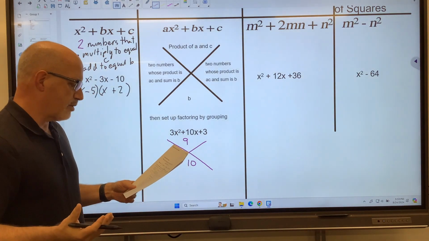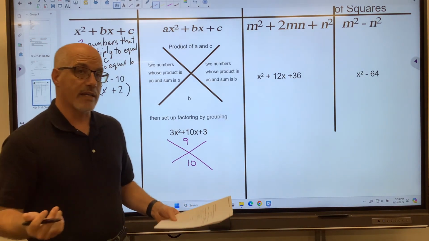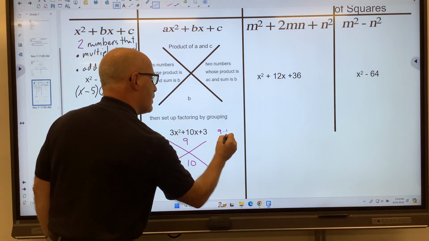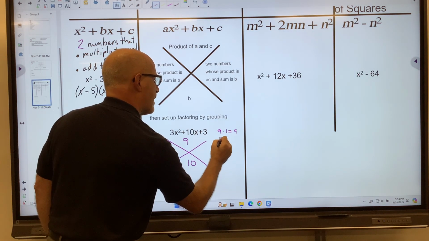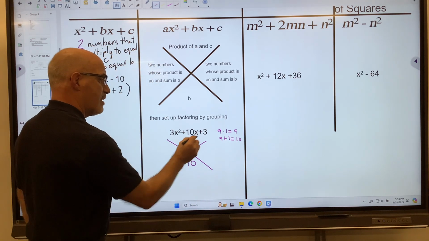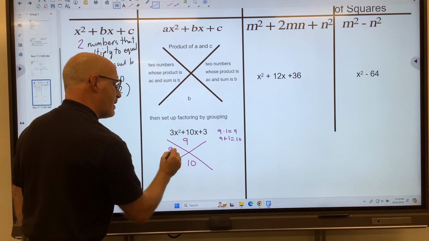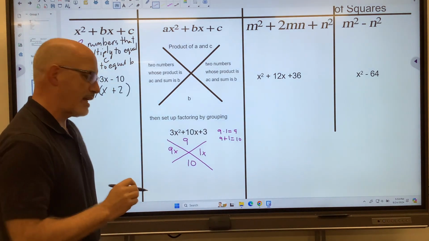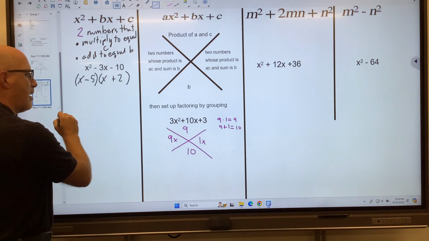Well, that would be 9 and 1. 9 times 1 equals 9, 9 plus 1 equals 10. I'm going to take those two numbers and put a 9x here and a 1x here. That's going to help set up the pattern for me to do this problem.